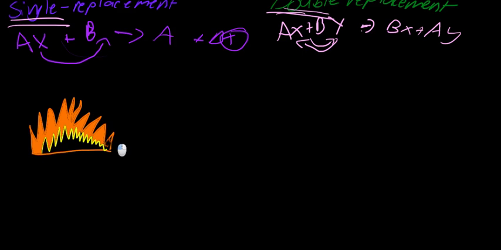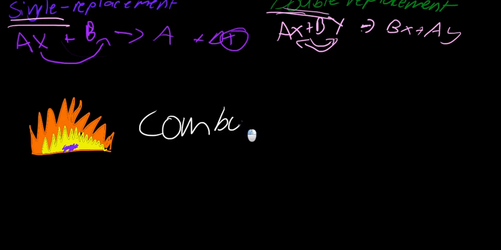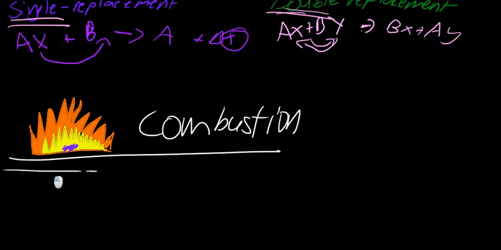This is fire, just as a hint. At this point, if you stop the video to take your guess, the answer is this is a combustion reaction. Yes, that means that we are blowing something up.